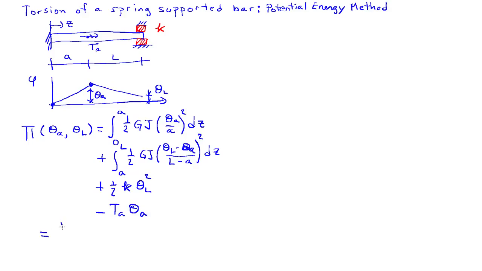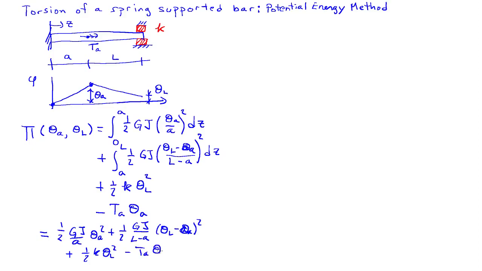Out of the first one we get 1/2 GJ over A theta A squared plus 1/2 GJ over L minus A times theta L minus theta A squared plus 1/2 K theta L squared minus T_A theta A.